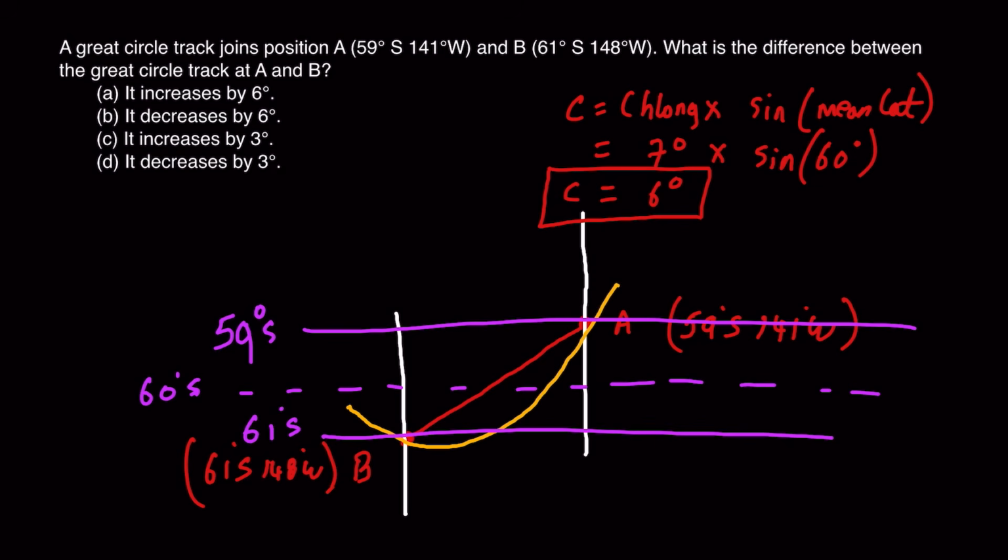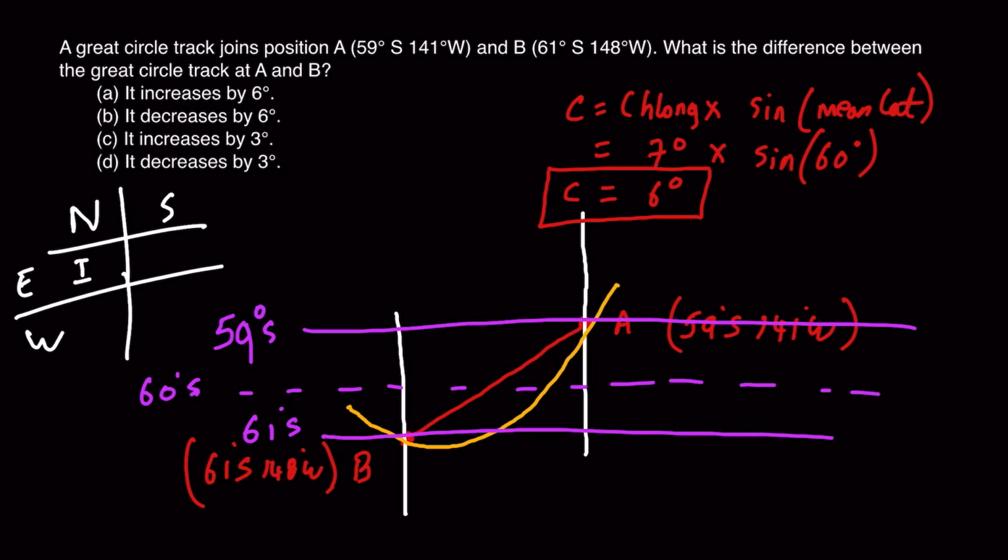Now, if you look at the options, it is asking you if it is increasing or decreasing. How do I find if it is increasing or decreasing? I draw this table. North, south, east, west, I, D, D, I. So what is happening? We are in the southern hemisphere and A to B we are traveling towards west.